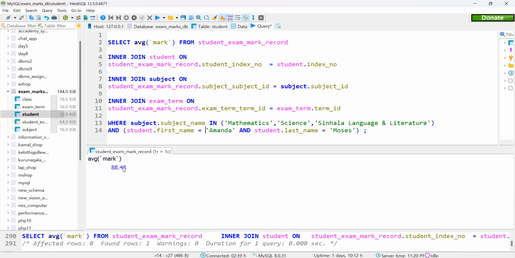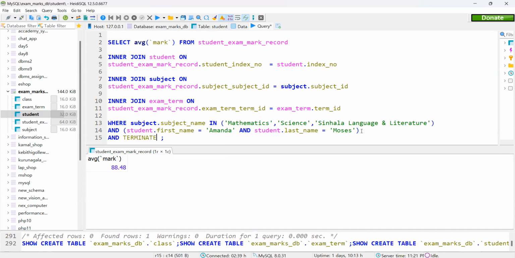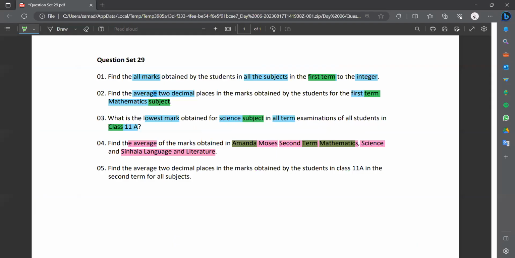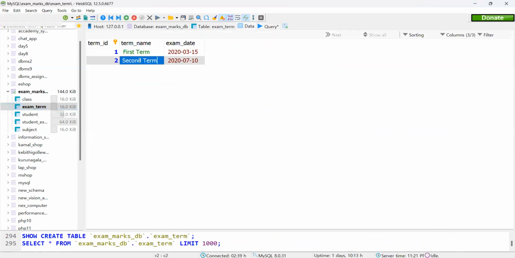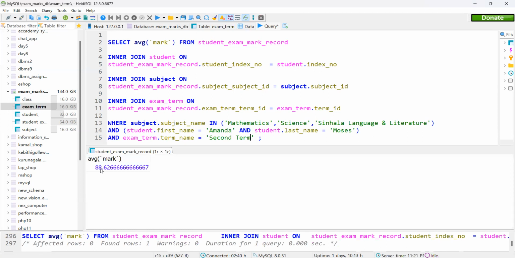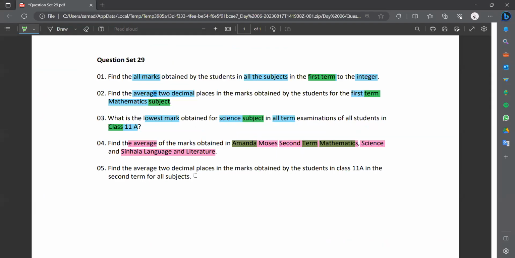We got 88.48 as the result for average mark for this student Amanda Moses in those subjects in the second term. We got that mark 88.62 and so on.